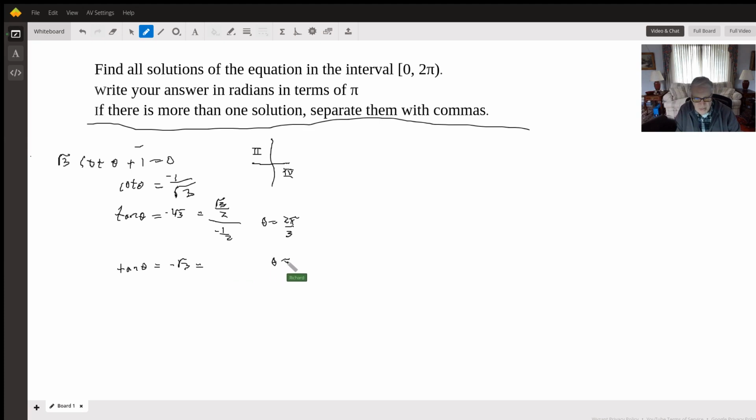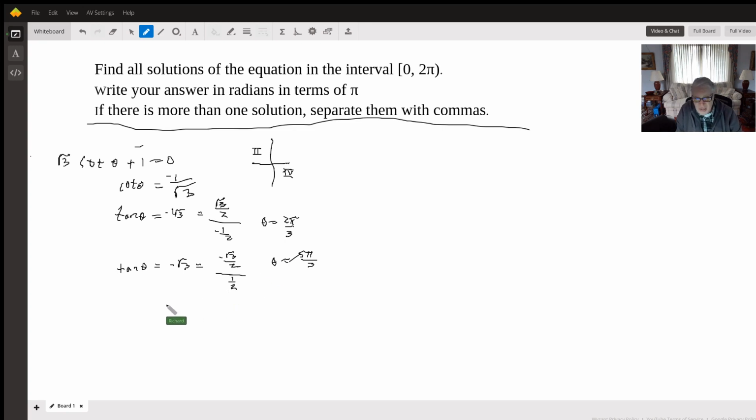So when theta is 5 pi over 3, the sine of 5 pi over 3 is negative root 3 over 2, and then the cosine is 1/2. Just remember that the tangent is sine over cosine. That's how you move back and forth between the unit circle and tangent. You just take the sine, which is the y coordinate of the point, and then divide it by the cosine, which is the x coordinate of the point.